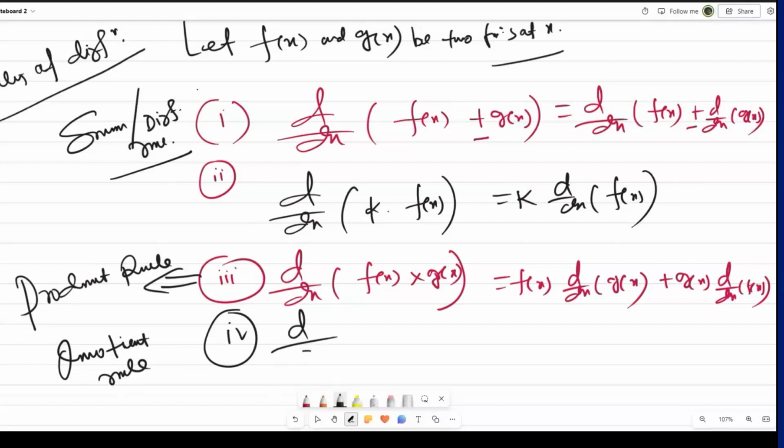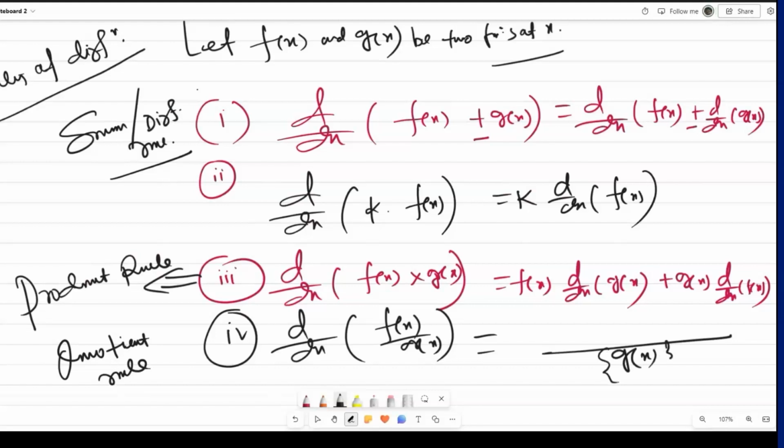What is that? g(x) whole square, g(x) into derivative of f(x), minus f(x) into derivative of g(x).